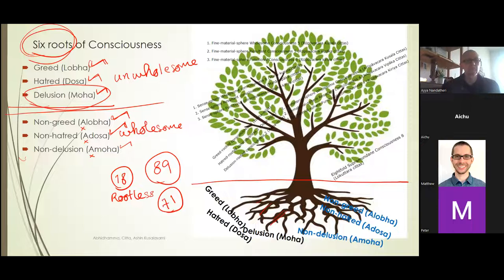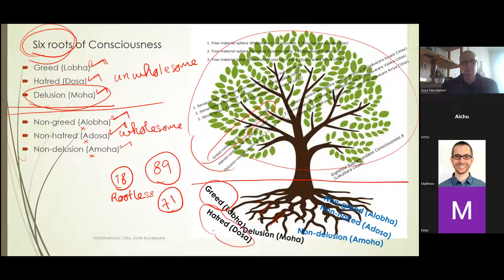And because of these 6 roots, you don't need to read this one. This is the 71 cetasikas I put here. You will learn later. So because of greed, you do the greed-rooted consciousness. Because of the root hatred, hatred-rooted consciousness appears in your mind.